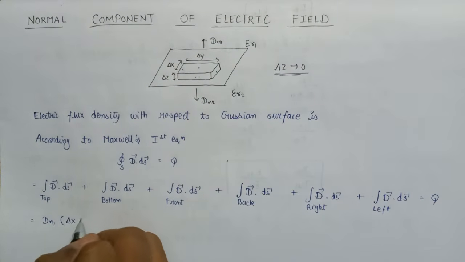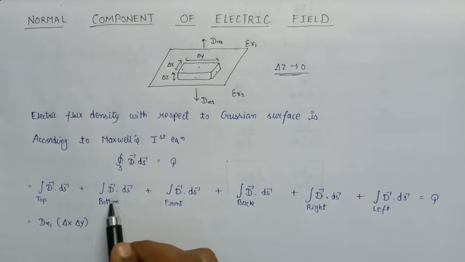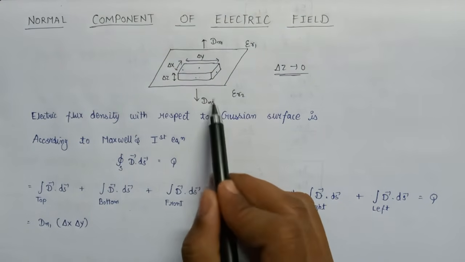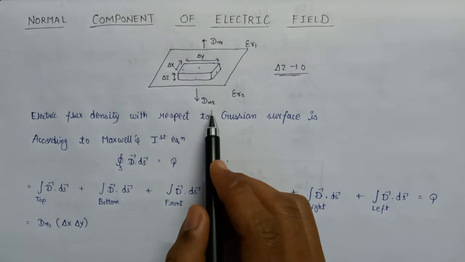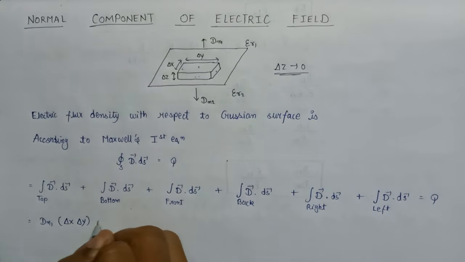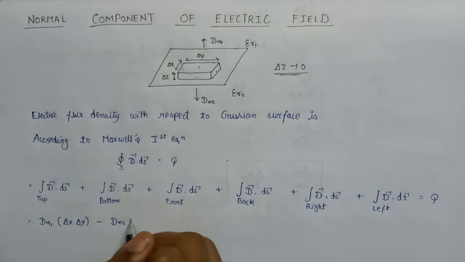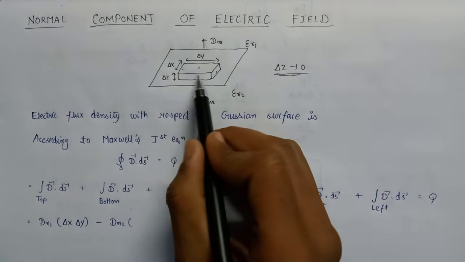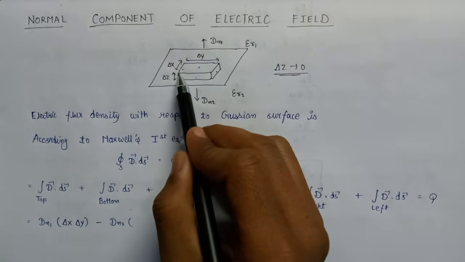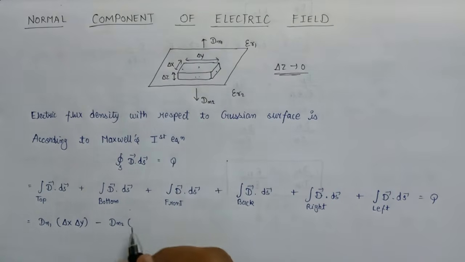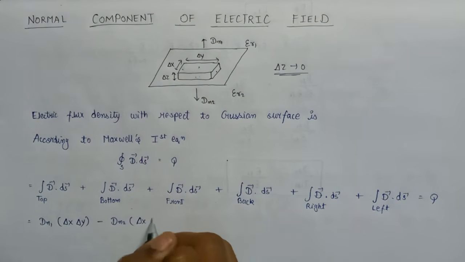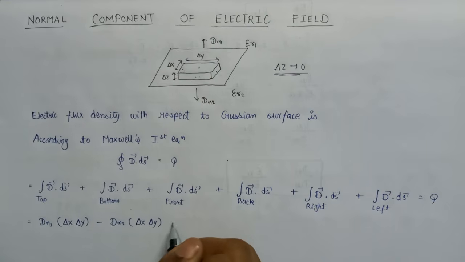So del x into del y. For the bottom surface the component is in the downward direction, negative. So here is a minus sign and Dn2, and for the bottom surface also there are two parameters, del x and del y.